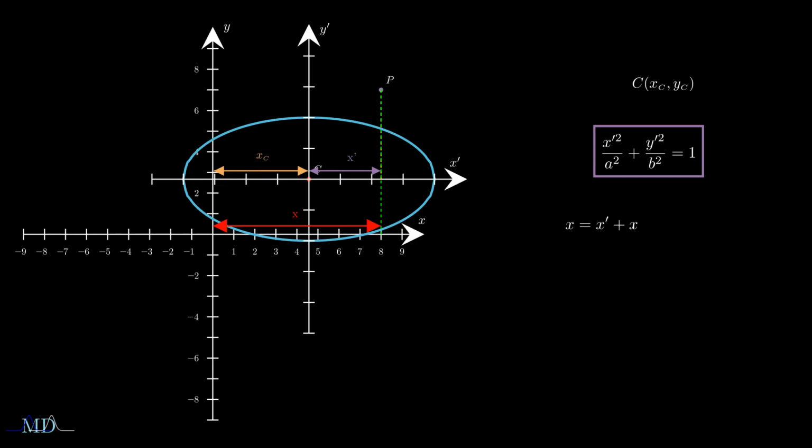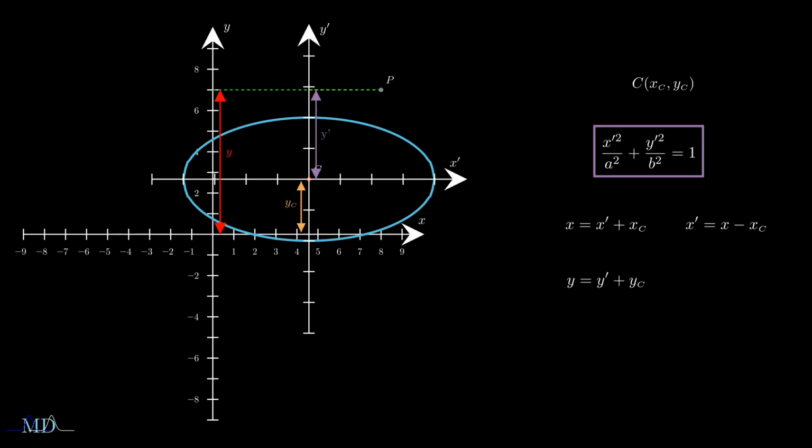We can see that x equals x' plus xc. So x' equals x minus xc. And we notice that the same thing is valid for y and y'. Therefore y equals y' plus yc and y' equals y minus yc. At this point we can write easily the equation of the ellipse in the coordinate system x and y.